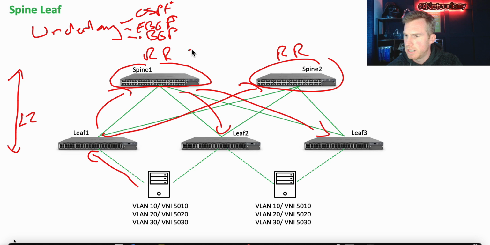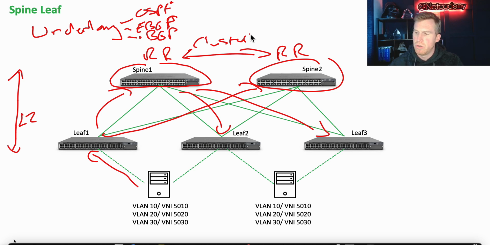But then you've got to take into account that these would have to be in the same cluster ID. Or would you want them to be in different cluster IDs in the Junos world? And then you get into this very messy world of iBGP and how you want to configure your clusters and your route reflectors. Do you want confederations and all the rules in between? So iBGP can become very complicated very quickly.